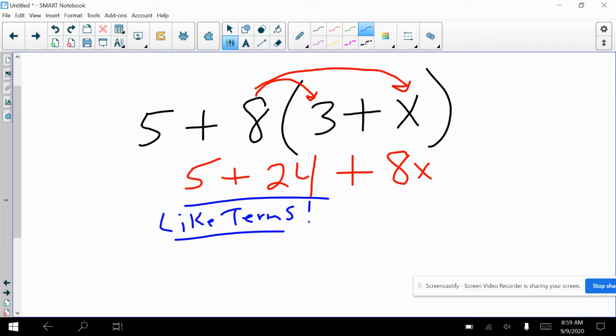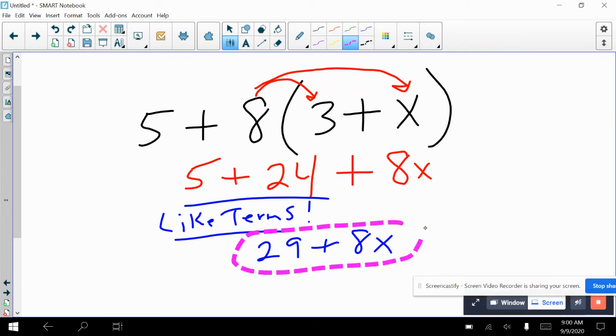Instead of saying both constants, we say they're like terms. And people in the math world understand that we need to add those together, right? So we should get here our final answer. How about that? Is 29 plus 8x. And that's all the farther that we can go. We can't do anything else.